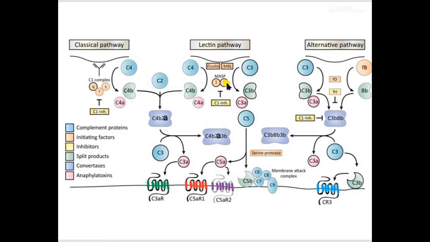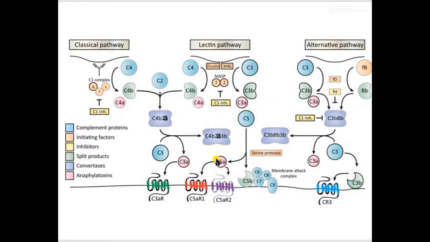By the action of these serine proteases, C3 is converted into C3b, and at the same time C4 is converted into C4b and C4a. These active components C3b and C4b also combine together, and the C2 component also binds, and the C4b2b3b complex will be formed.